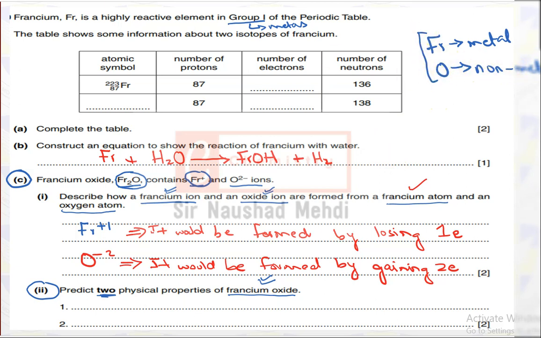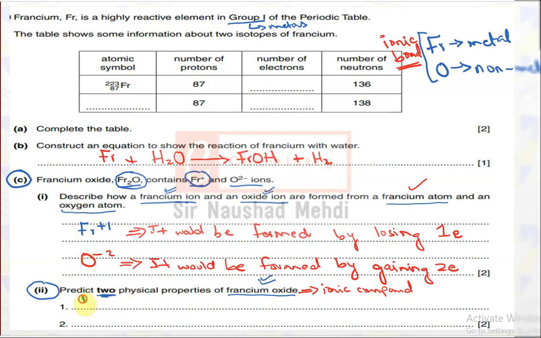Whenever a bond is formed between a metal and a non-metal, that bond is always an ionic bond. So francium oxide is an ionic compound, and its properties would be similar to the properties of ionic compounds.